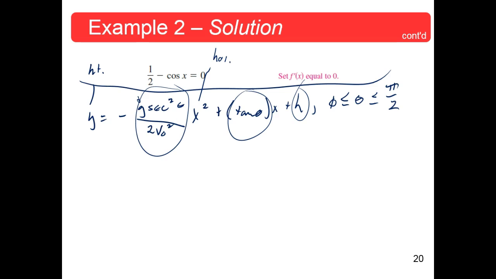Theta is a constant. We just don't know what it is. G is a constant, and we do know what it is. So let's fill in what we do know.